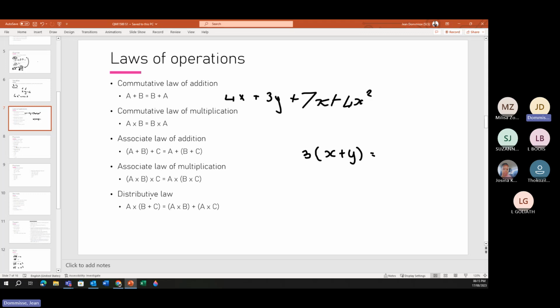That is the distributive law, where we would say, okay, I'm going to multiply the 3 in. So we will see 3 times x, that will be 3x. But then we also need to multiply the 3 with the second term that we have, so that will be 3y.